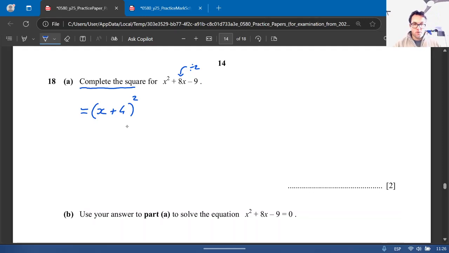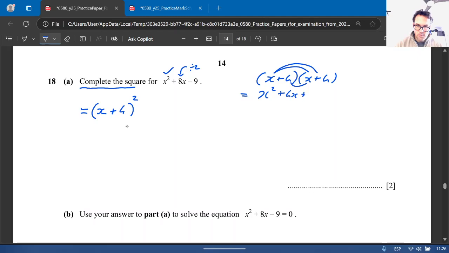Be careful, because if we do x plus 4 squared, which means x plus 4 times x plus 4, x times x is x squared, good, that's what we want. x times 4 is 4x, 4 times x is 4x, which together give us 8x, good. But then 4 times 4 is 16. There is no 16 there. We don't want the 16.